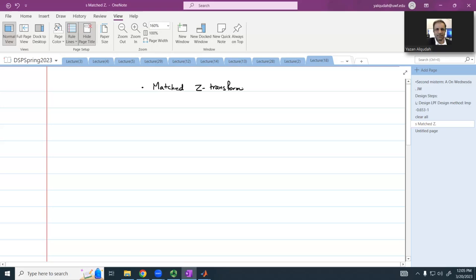And in this method, or if you go back to the impulse invariance, basically what we've done is we had poles that got mapped.